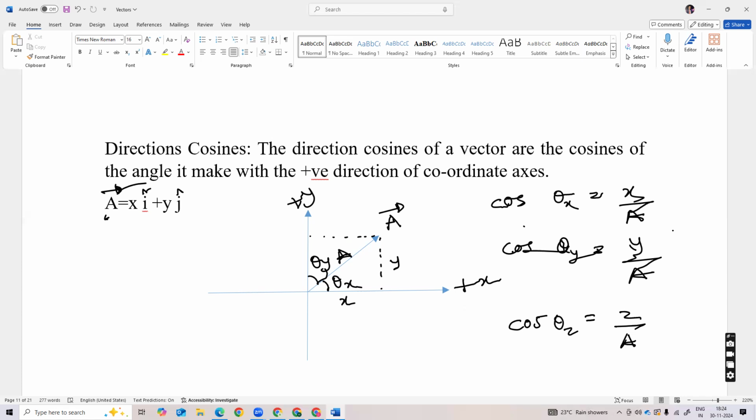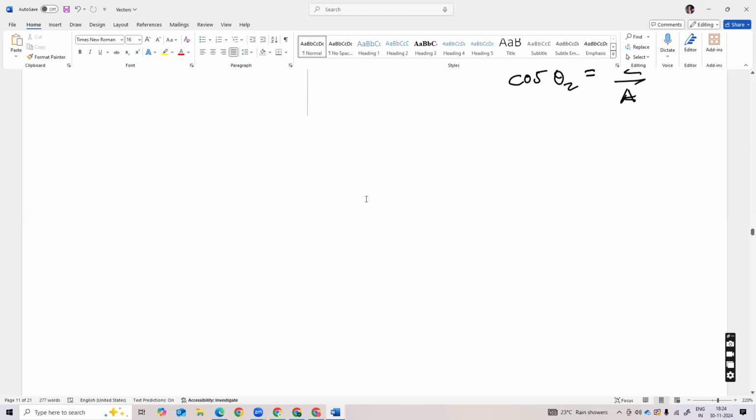So let's take one example of direction cosines. Let's say we have a vector A, which is i plus j.